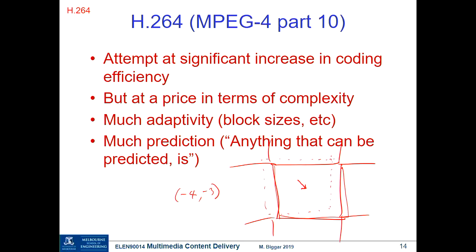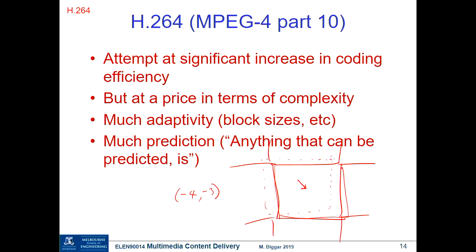Yeah, I understand that when you said you send the motion vector, but then why does the encoder send again the prediction error?